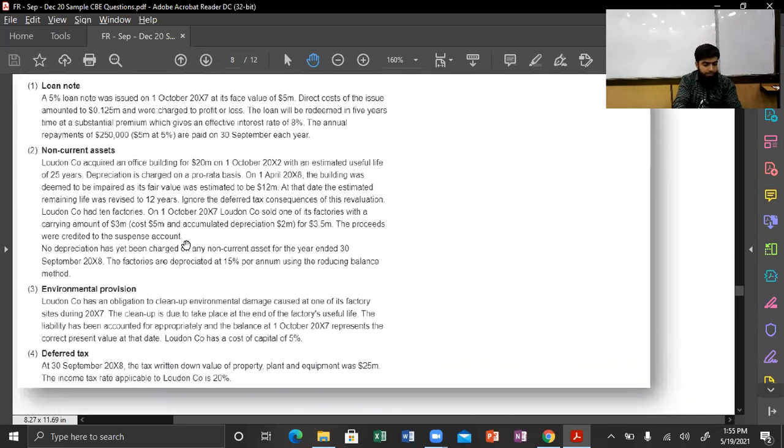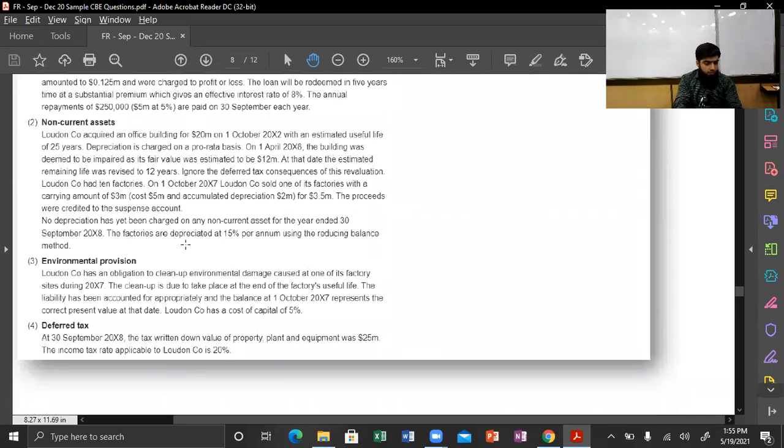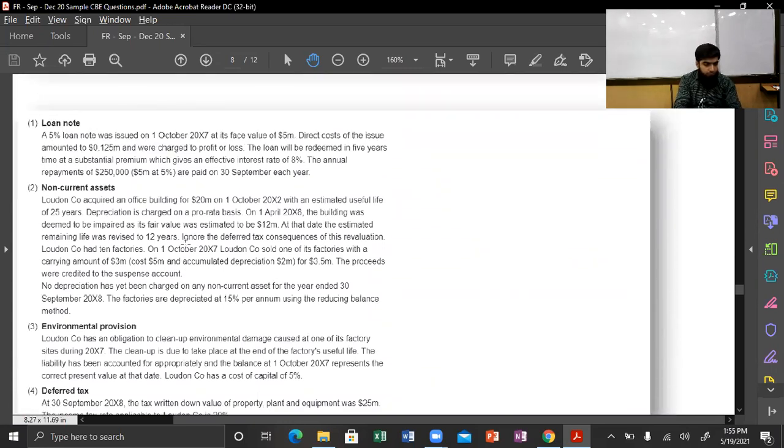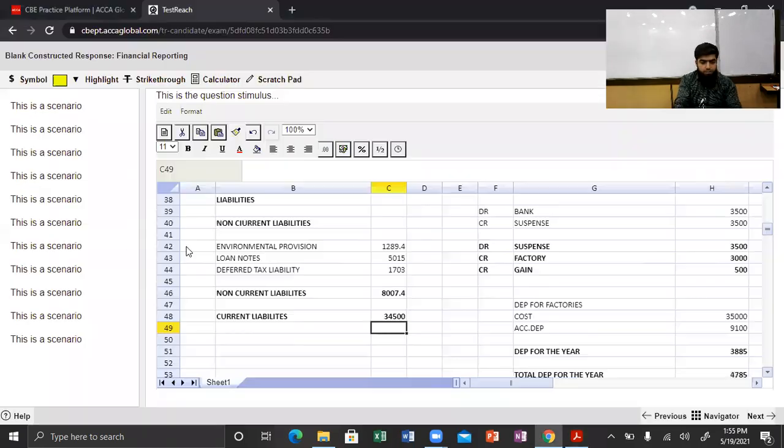No. Environmental provision we have added up. Deferred tax liability, okay. No further adjustments are to be accounted for. So the total liabilities is this plus this one.